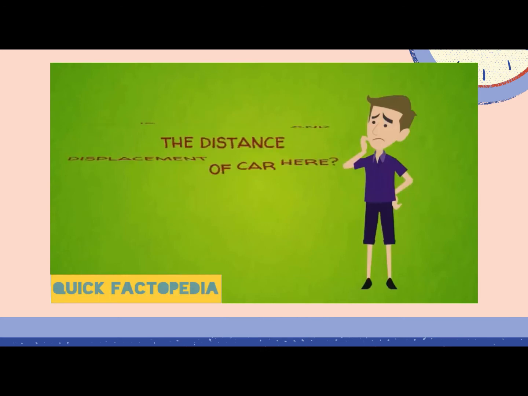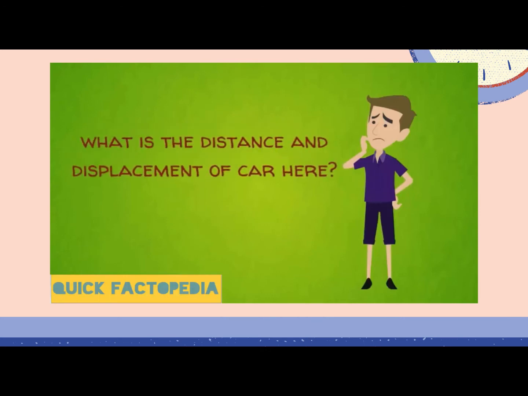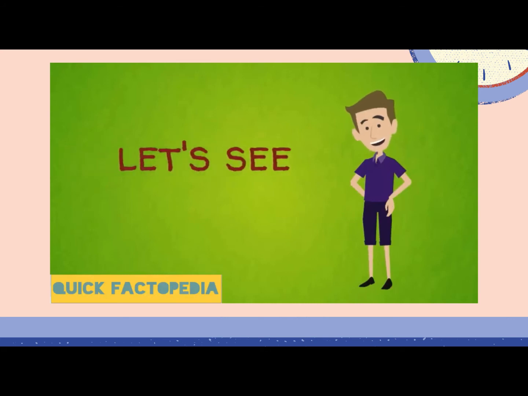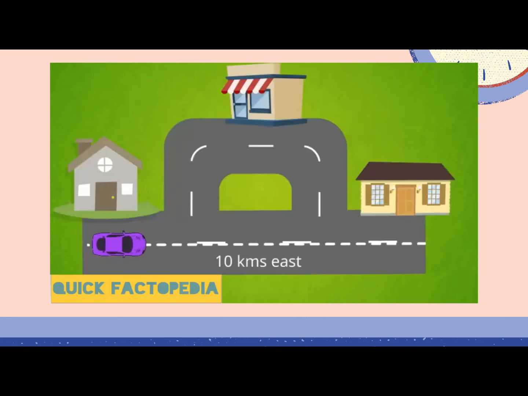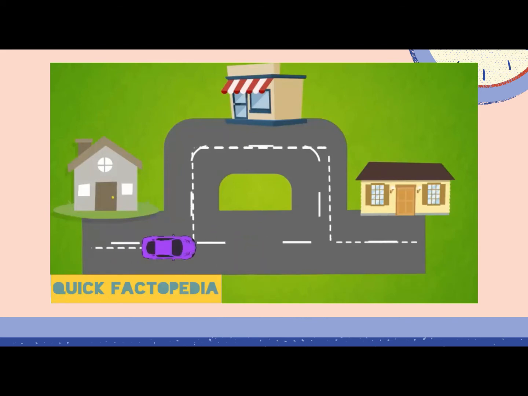Then, what are the distance and displacement here? Let's see. If I travel straight 10 km to the east to my destination, it will be the shortest path. It is the displacement. But now, I have to buy a gift.